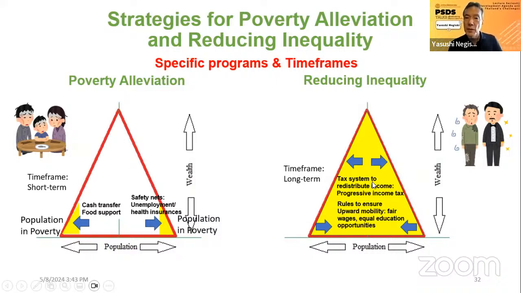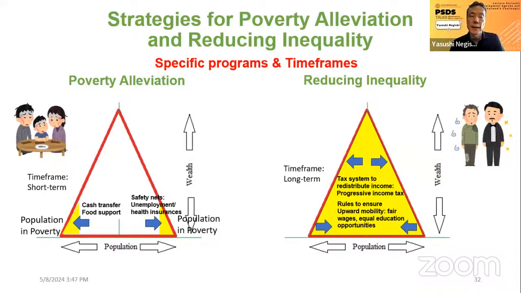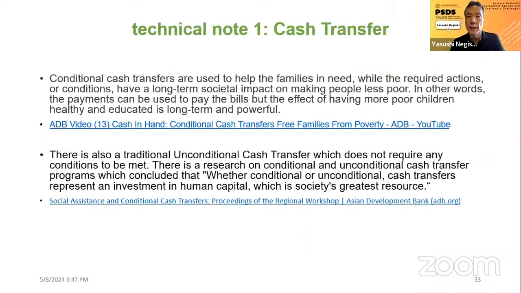In the case of reducing inequality, we can take more time, and we can make this a gradual process, so that we can gradually change this income inequality in the society. So these are the three slides which try to indicate the difference between the policies to support both poverty alleviation and reducing inequality.